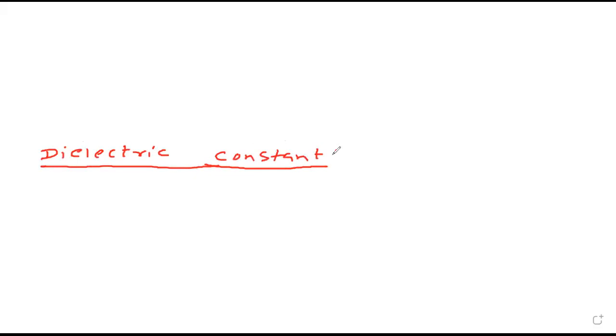That means if we have a medium other than air, then it is called dielectric constant or relative permittivity.